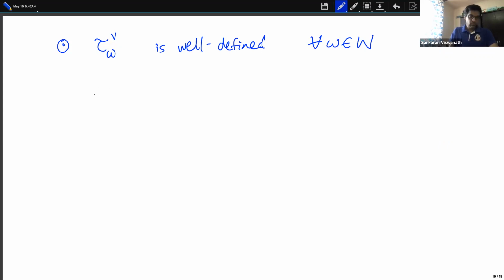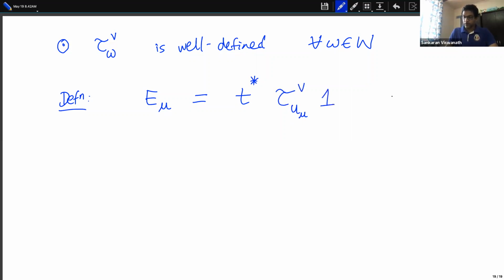And therefore, okay, so what was the final definition? So maybe I should just recall the definition of the non-symmetric Macdonald polynomials. So the E mu themselves were defined as follows. There's a certain prefactor, some power of t here, which is used to normalize the coefficient. But what this is, you just apply this tau corresponding to the element u mu that we talked about at the beginning on the element 1 in the polynomial representation.